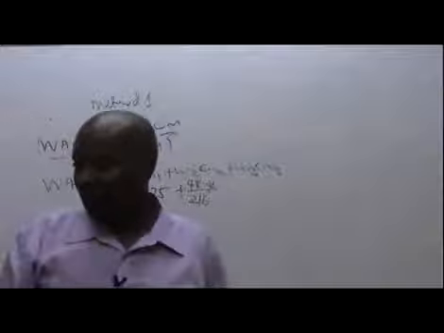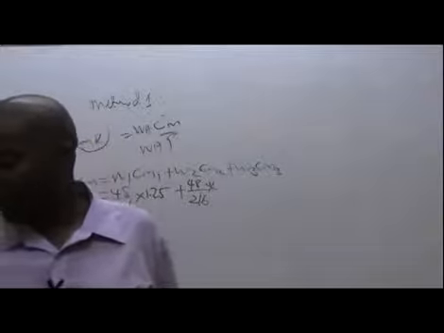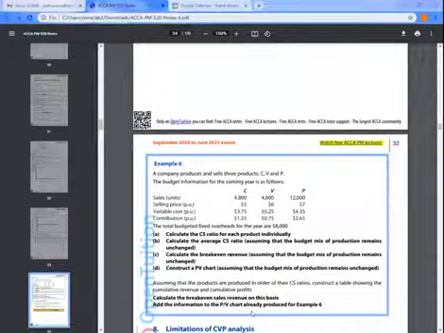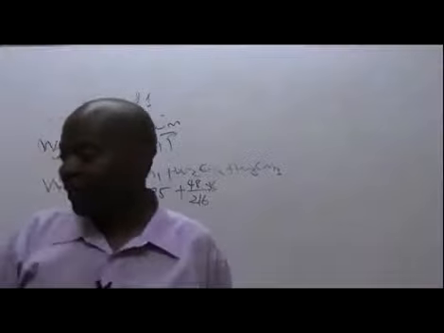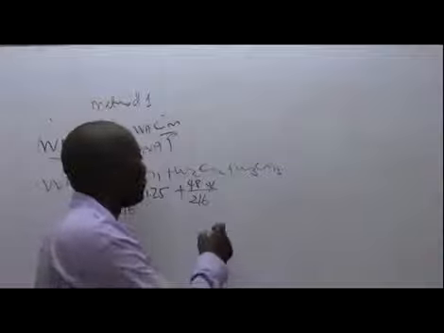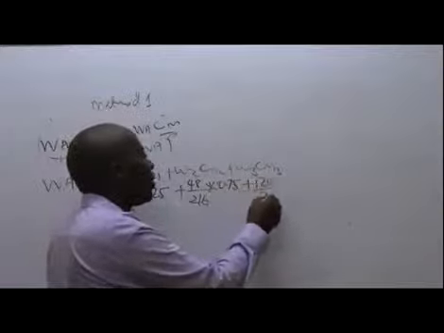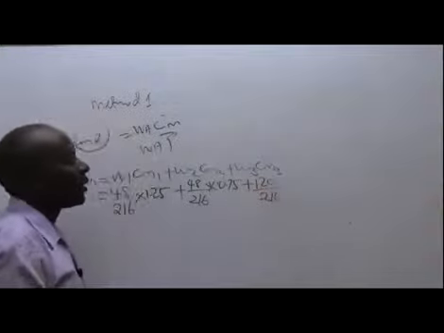Are you able to see the contribution margin 2 really? Contribution margin 2, ladies and gentlemen, I can see here is 0.75. So times 0.75, plus 120 over 216.